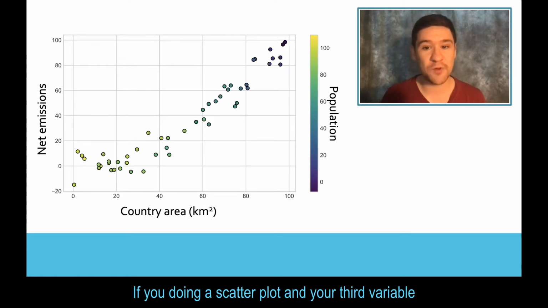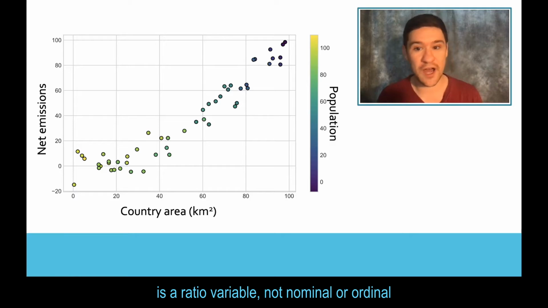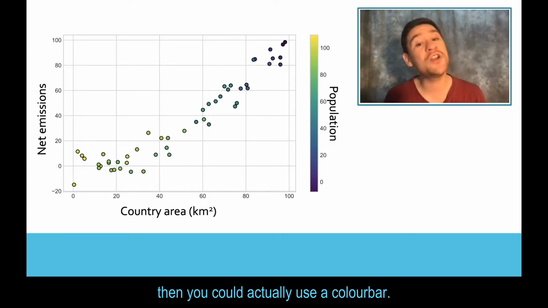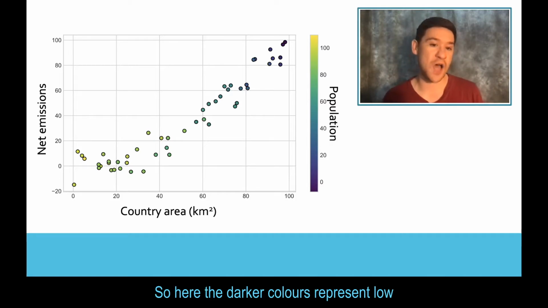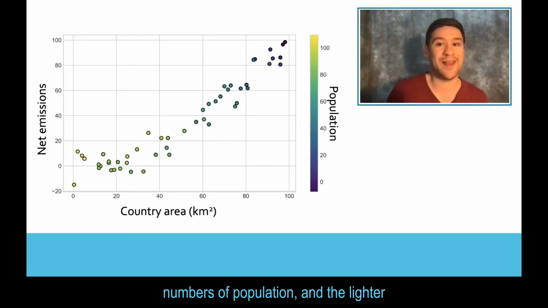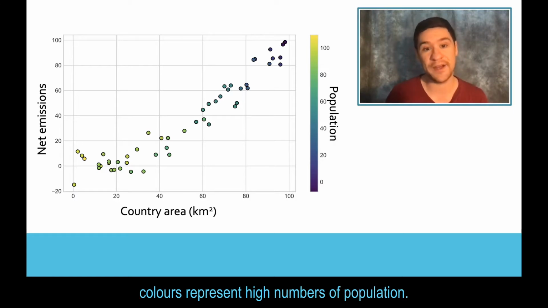If you're doing a scatter plot and your third variable is a ratio variable and not nominal or ordinal, then you could actually use a colour bar. So here the darker colours represent low numbers of population and the lighter colours represent high numbers of population.